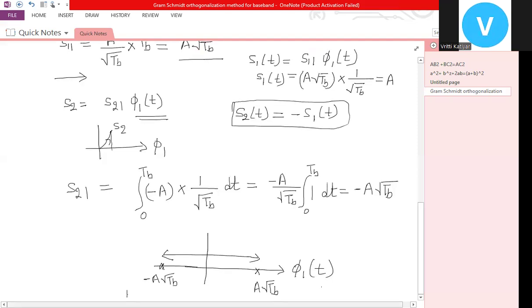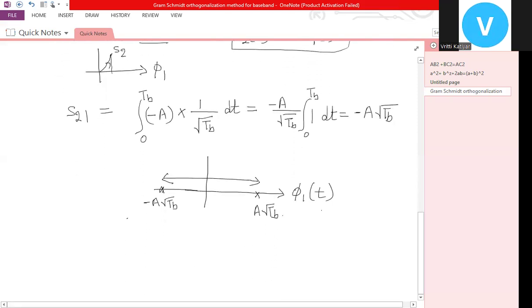To calculate it, if we take this in the form of vector coordinates, A root Tb and 0: this is the x coordinate and the y coordinate is 0, because the orthonormal basis function phi 2 does not exist. So d12 is equal to the minimum distance formula, the Euclidean distance: first function minus second function whole square, and we should see that the value comes as 2A root Tb.